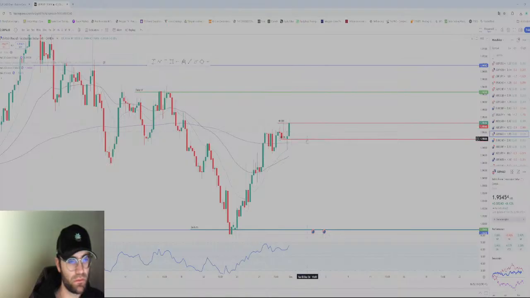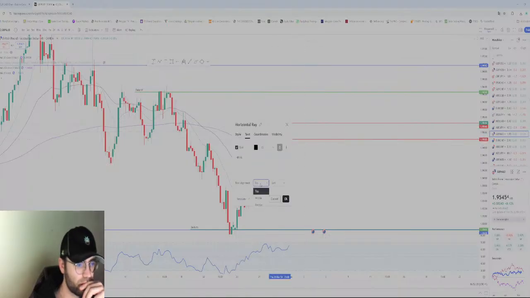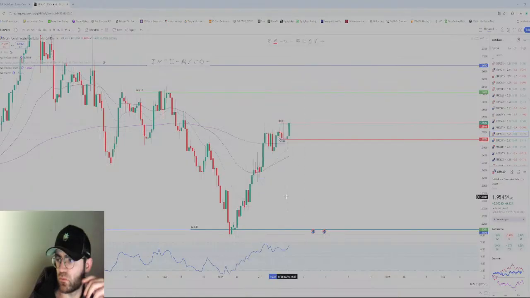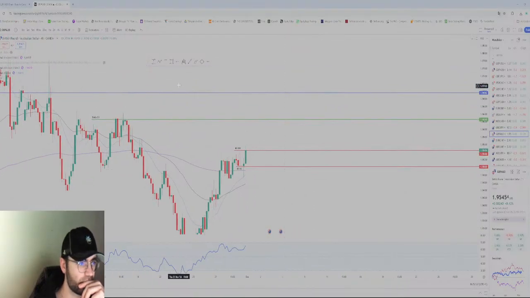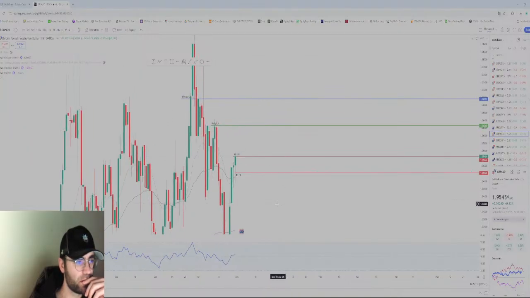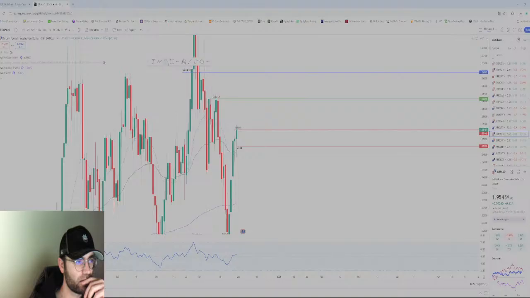So what that guy was talking about was it becoming, let's just first make sure that we actually note everything. So weekly is bearish, daily is bearish, 4 hour is bullish.